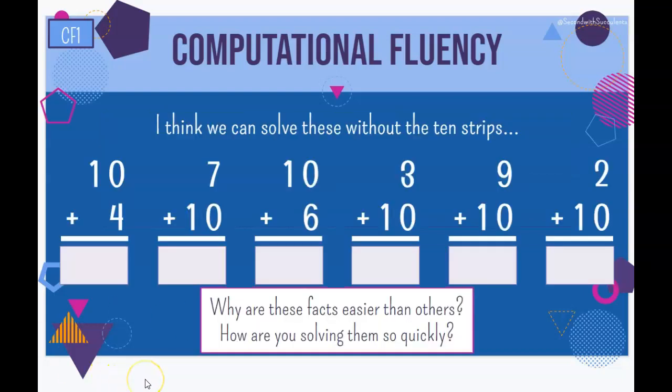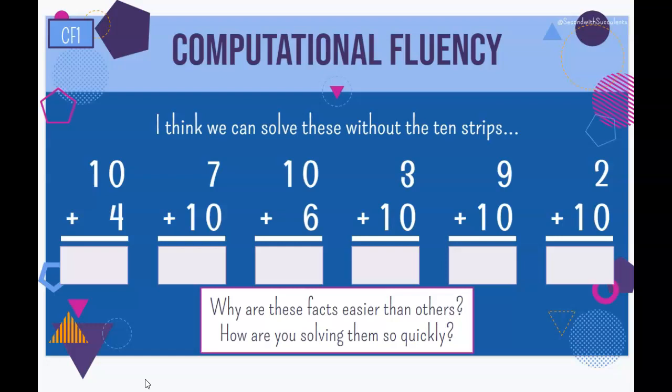Now you may have been thinking, these facts are pretty easy. Why do you think these facts are easier to solve than others? Why are these equations easier to solve? Well, you may be thinking a few things.